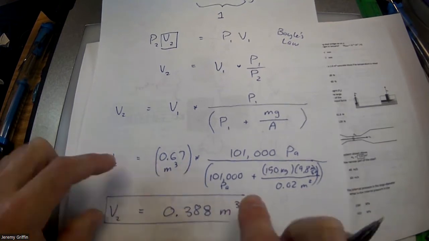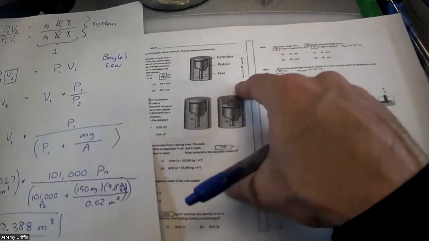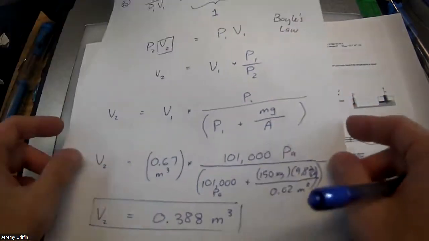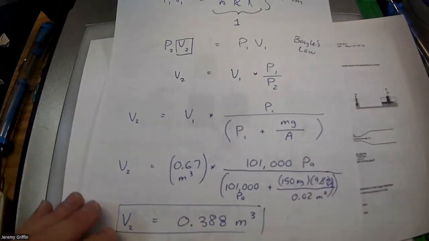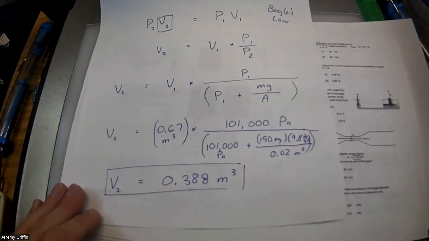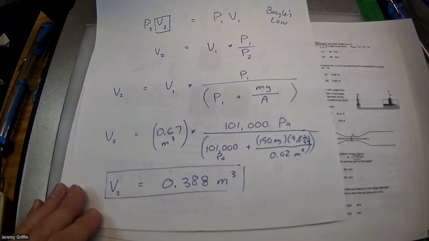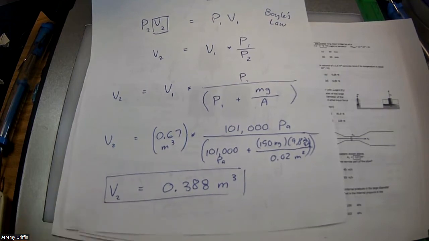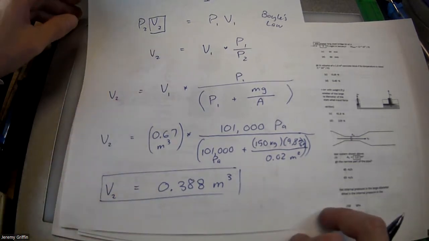Just like the picture shows, you put a weight on, it's going to compress that mass of gas and result in a smaller volume. You guys got that? Anybody need help? You guys ready for the next one?